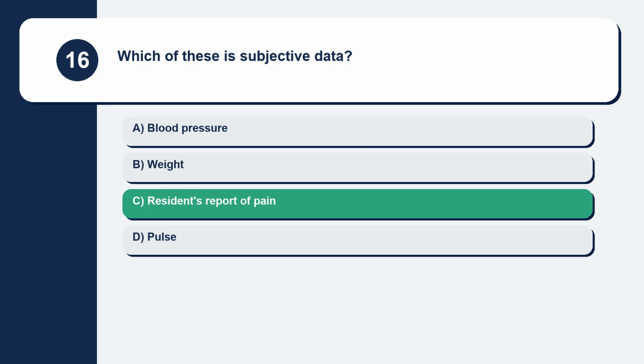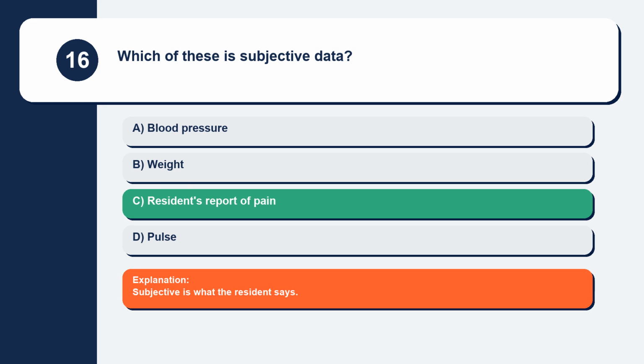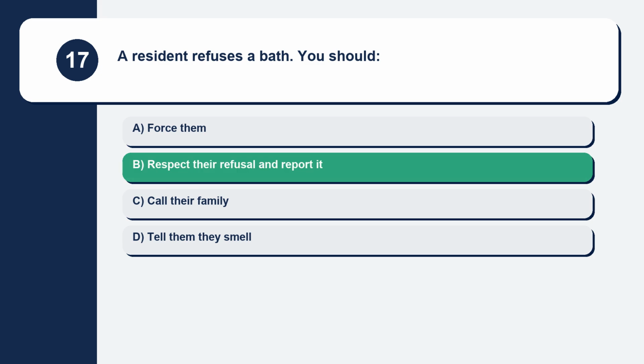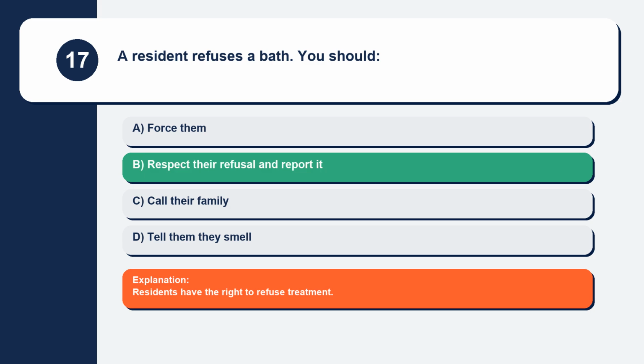Subjective is what the resident says. Question 17. A resident refuses a bath. You should force them, respect their refusal and report it, call their family, tell them they smell. Residents have the right to refuse treatment.